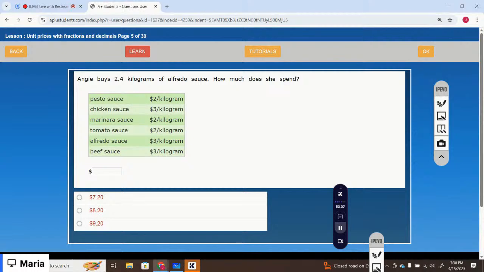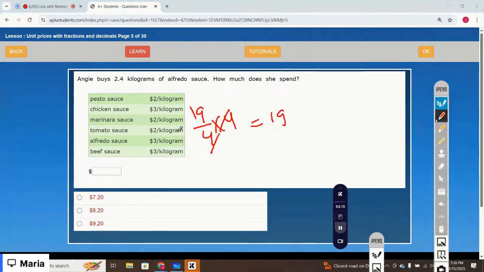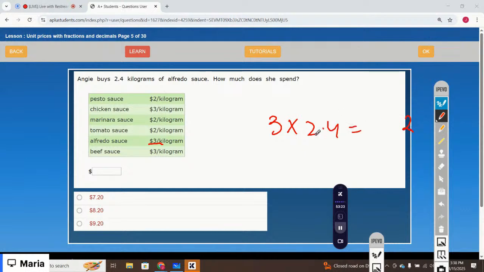Angie buys 2.4 kilograms of Alfredo sauce. How much does she spend? So 2.4 kilograms she needs to buy. The price of the Alfredo is 3. We have to do 3 times 2.4. 3 times 4 is 12. 3 times 2 is 6 and 1 is 7. So that is 7.2. She can buy it for $7.2.